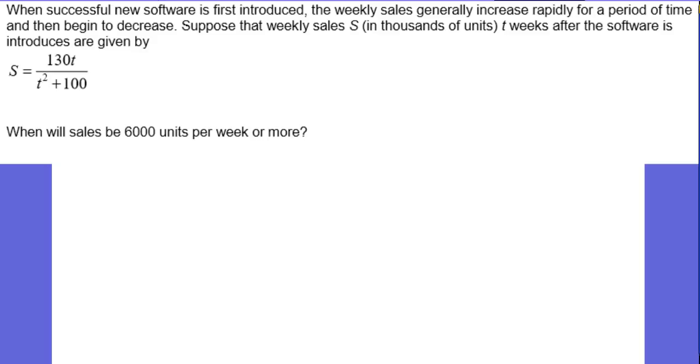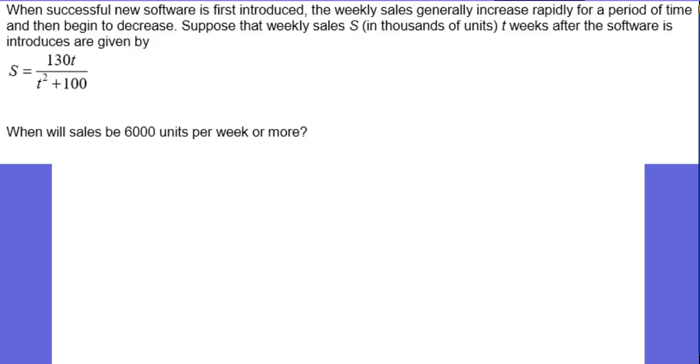When successful new software is first introduced, keyword there, successful software, the weekly sales generally increase rapidly for a period of time and then begin to decrease.